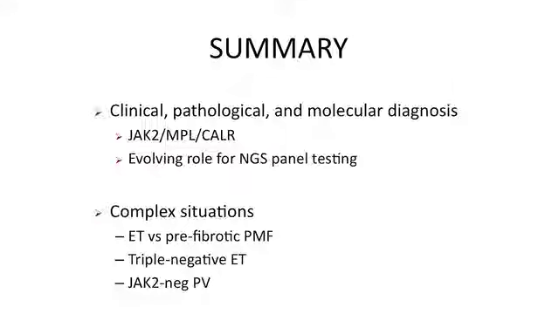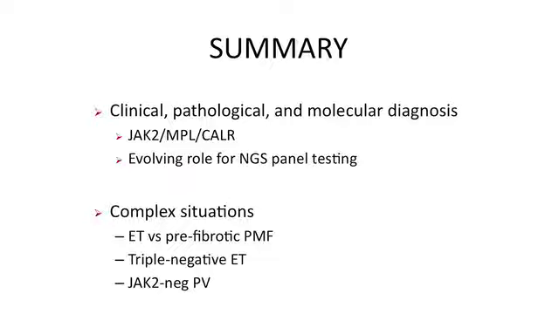So to summarize, the MPNs are important in that in order to make a diagnosis, you need a collection of clinical information, pathological information, and molecular mutation information to make an accurate diagnosis. I think that the three main mutations are just the beginning of things, particularly in myelofibrosis.